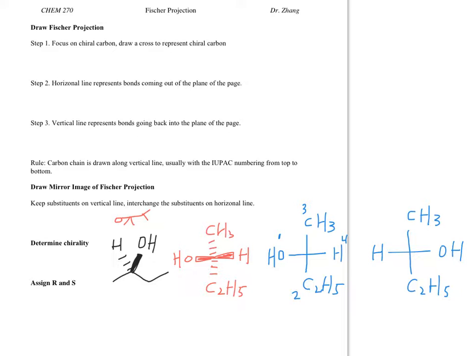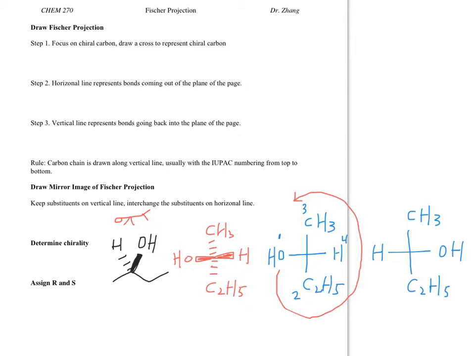You're going to see hydrogen on the horizontal line a lot when you draw the Fischer projection. Under those circumstances, when you draw a circle from your highest priority to the second, followed by the third priority group, you will draw a circle that's counterclockwise.